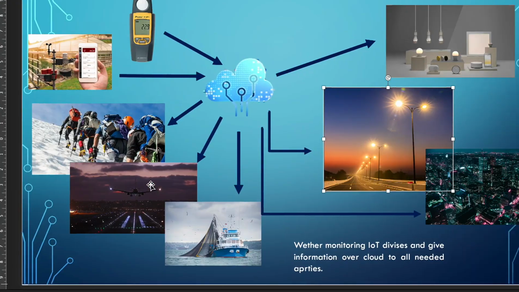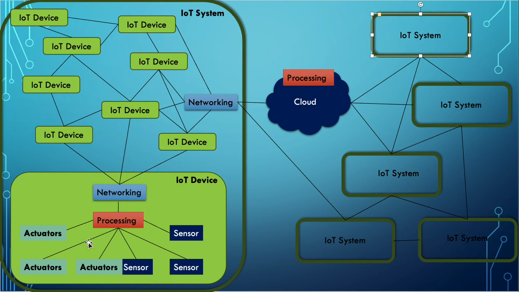Inside the IoT device, there will be sensors. There will be only sensors in this IoT device to detect the intensity of the sunlight itself.